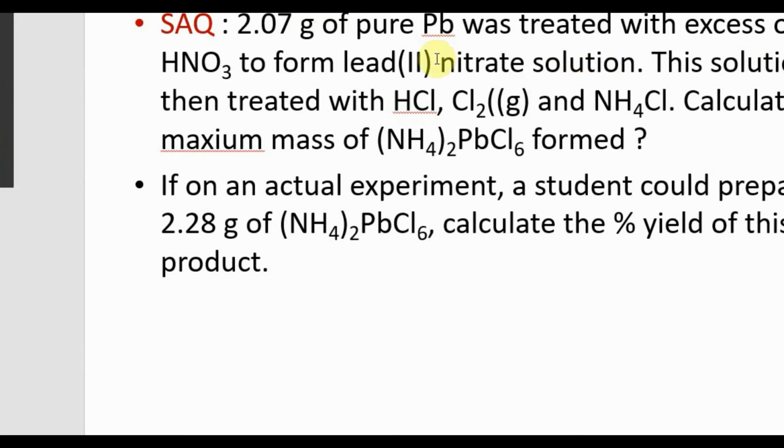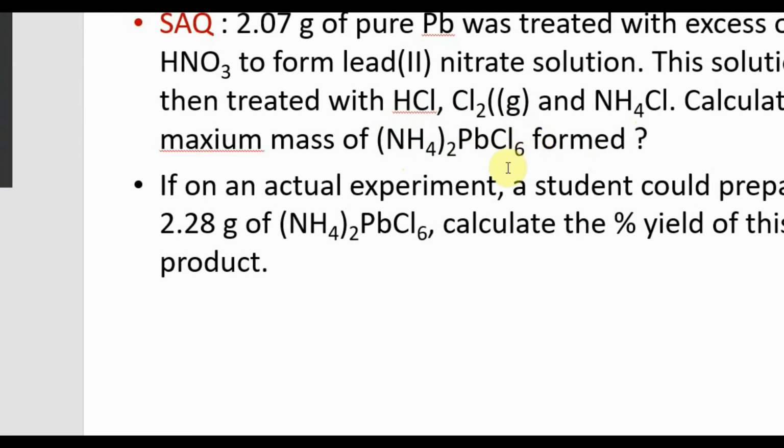Lead is treated with excess nitric acid to form lead nitrate, lead 2 nitrate. This solution was then treated with so many things. In hydrochloric acid, chlorine gas is bubbled with ammonium chloride. That will give you a very interesting compound. This is ammonium hexachloroplumbate, right? So forget about its name.